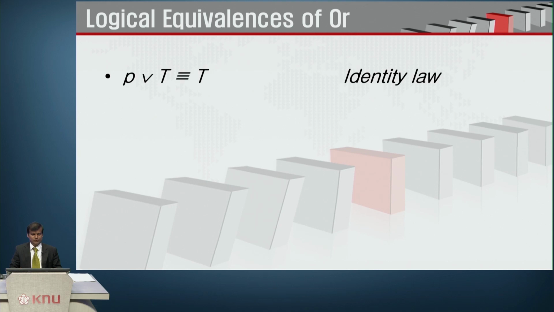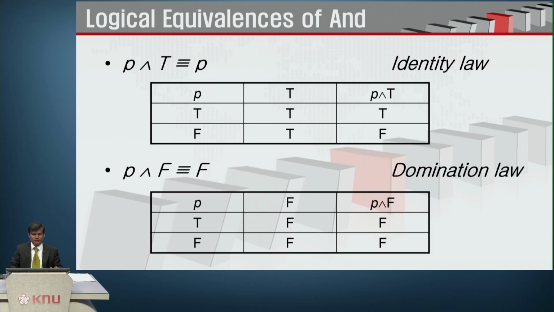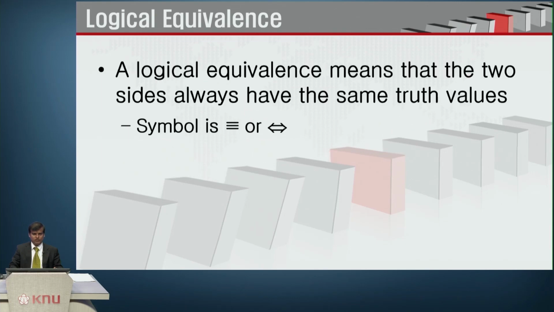Then comes the identity law for OR. As with AND, we saw that P and T, in that case, because T always is true, so P follows T. Just to recap that, I'll go back and show you this part where we talk about the tautology.